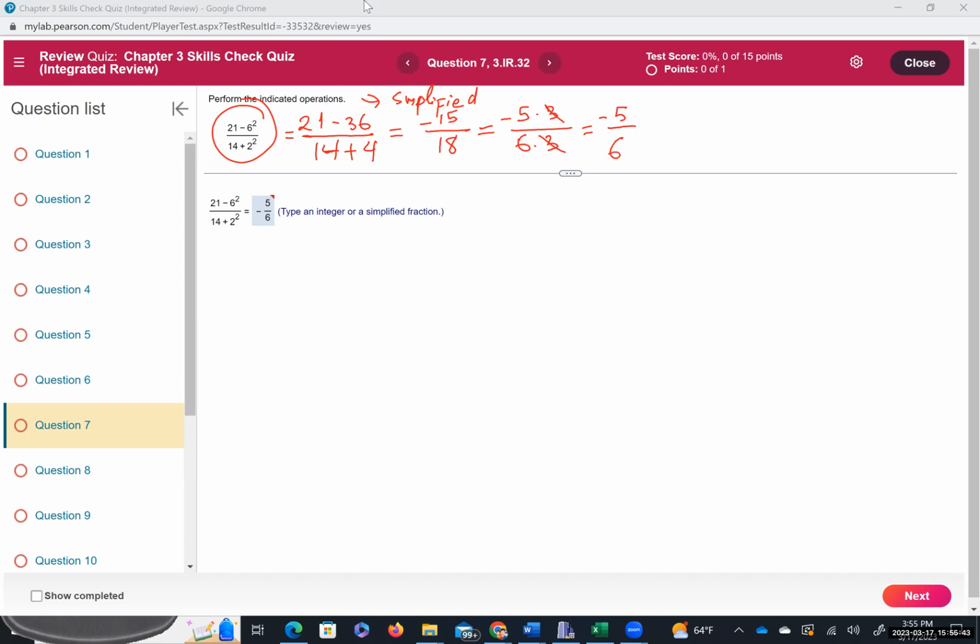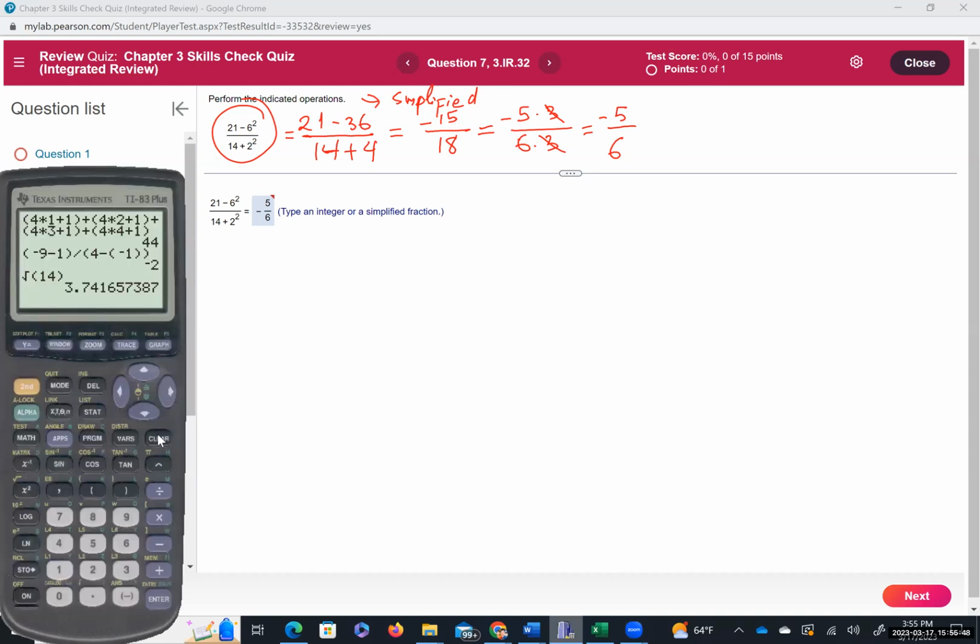Okay, so now let me show you by using calculators. We're going to save the line. Make sure you must have parentheses on the top and bottom. So 21 minus 6 squared. Below that. Divided by parentheses 14 plus 2 squared. Below that. Enter.